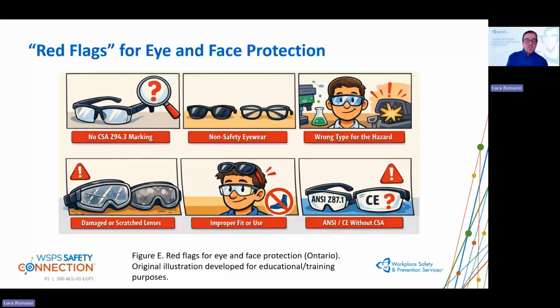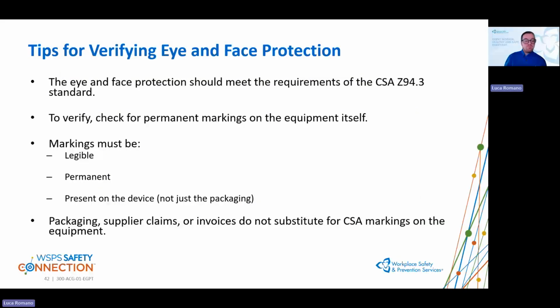Again, when it comes to standards, especially with eye protection, there are certain parameters of design that are required. They can be certified against other standards, but if there are no CSA markings or no equivalence to that, it's not compliant with Ontario requirements.